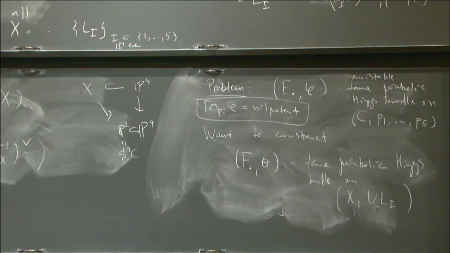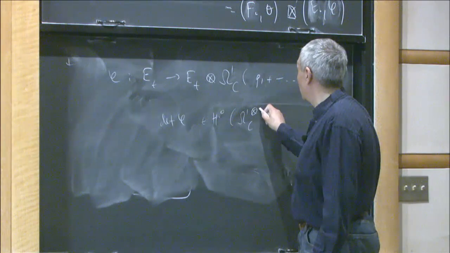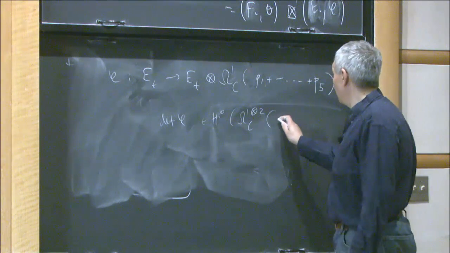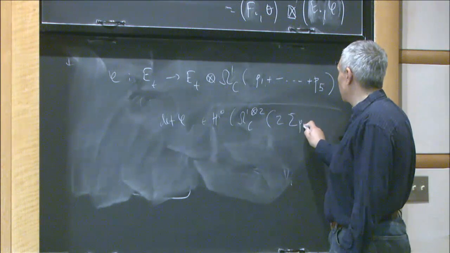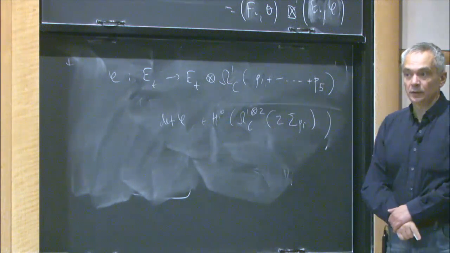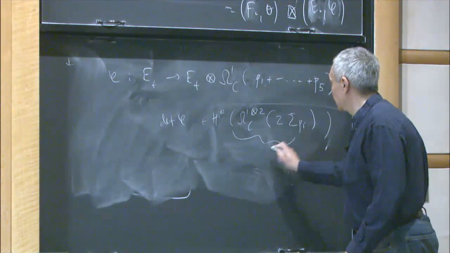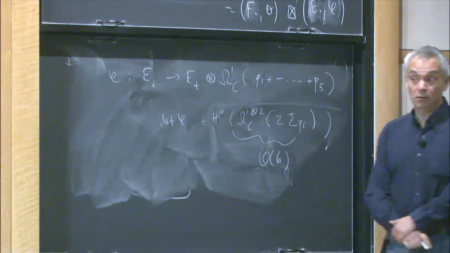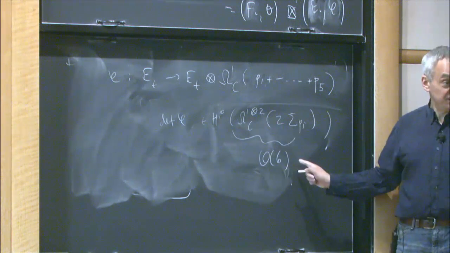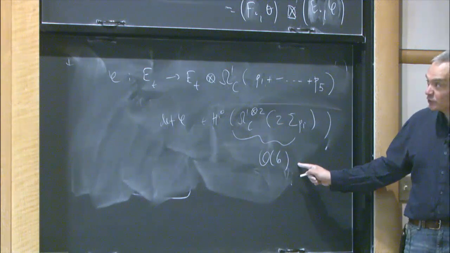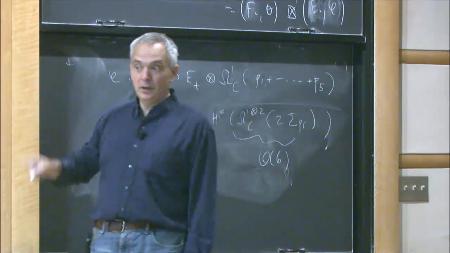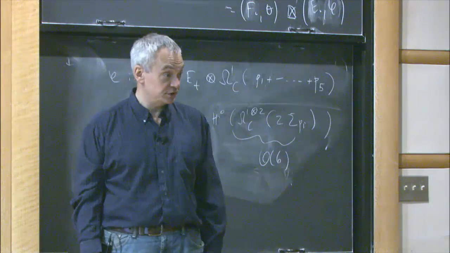So the determinant of phi is a section in omega 1c squared with values in twice the 5 points. So this is O of 6. So this vanishes at 6 points, and we already forced it to vanish at 5 points. So there is one extra point where it vanishes.